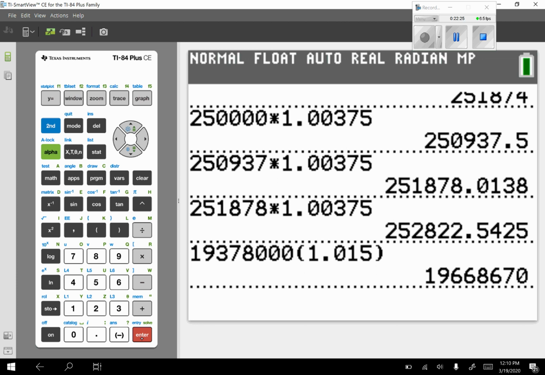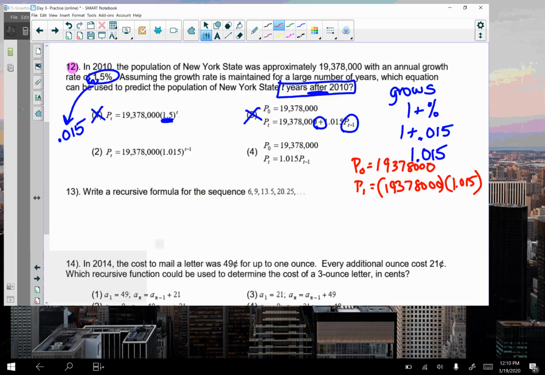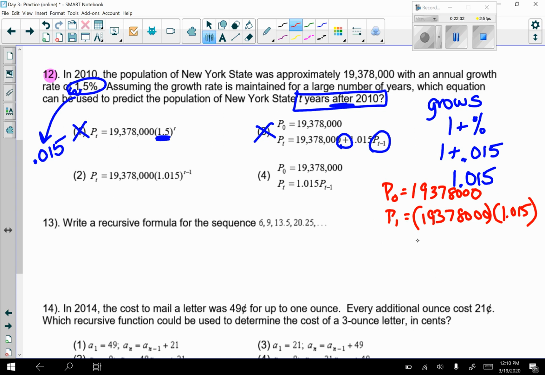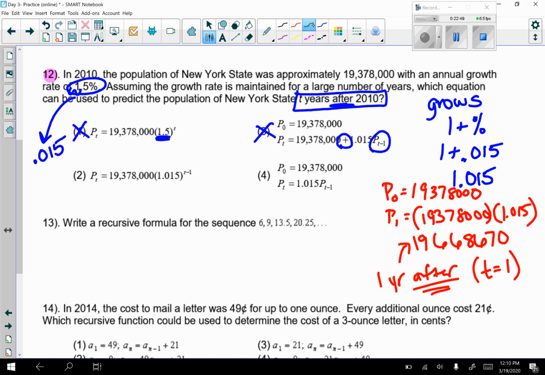There is my population for 1 year after 2010. So this is 19,668,670. So this is 1 year after, so that's T equals 1. Now, if you notice, what I actually did right here in order to find 1 year after is choice 4. So choice 4 is my answer.